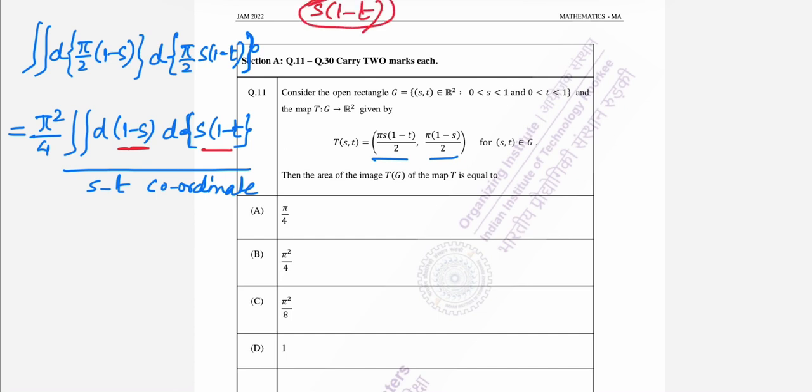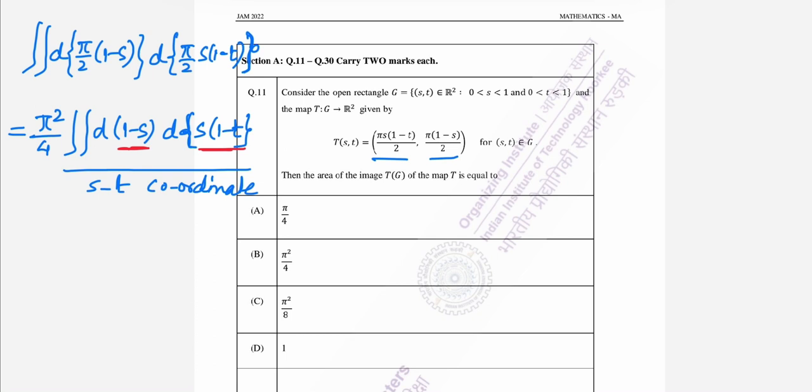So it is complex, because it depends upon s as well as t. So we will have to use the Jacobians, and I think you have studied about the Jacobian. According to that, I have to transform this st coordinate into some other to get the result in a short time.